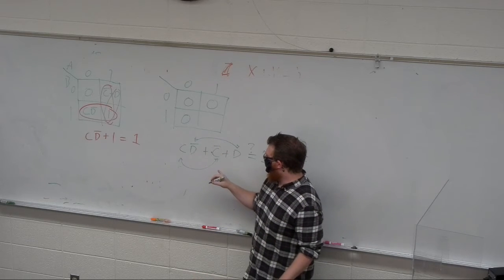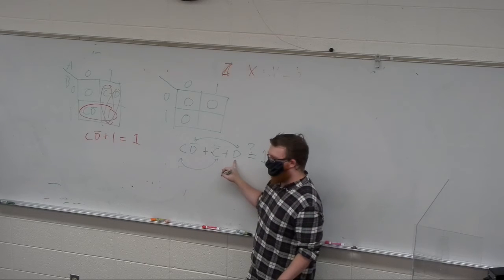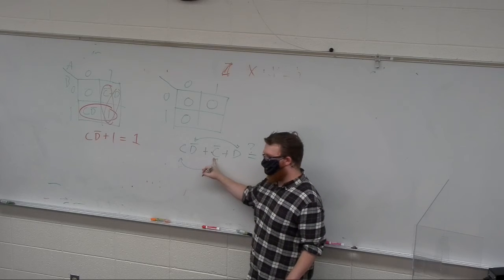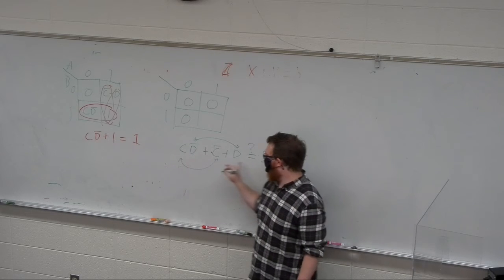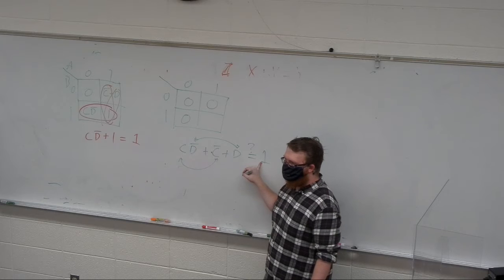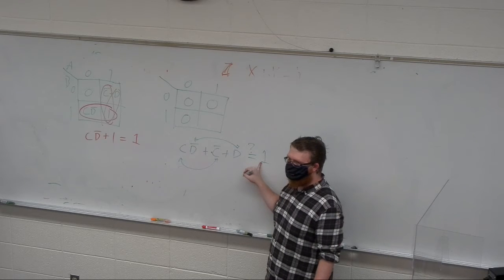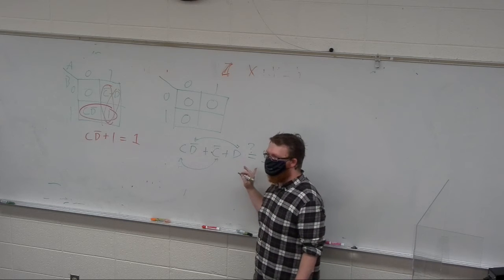And so in any combination, either D is true, C bar is true, or CD bar is true. So it is always 1. Do you want me to write out the truth table so we can prove it, or do we see it? Right, I can't make this not 1.